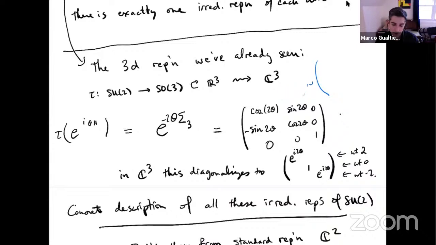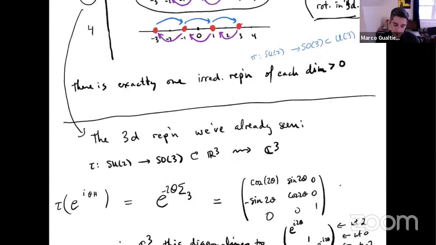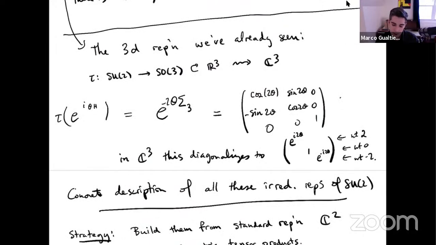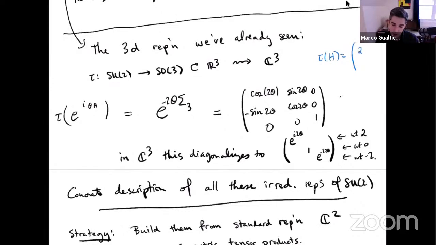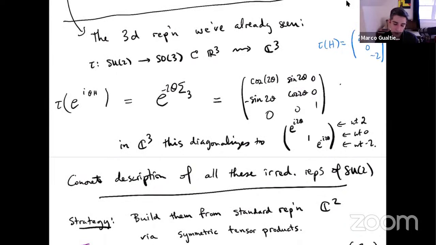H, yeah. So in this representation, tau of H would look like this. It would have weights 2, 0, and -2. And then if you exponentiate this, e to the I theta H, we would get this.